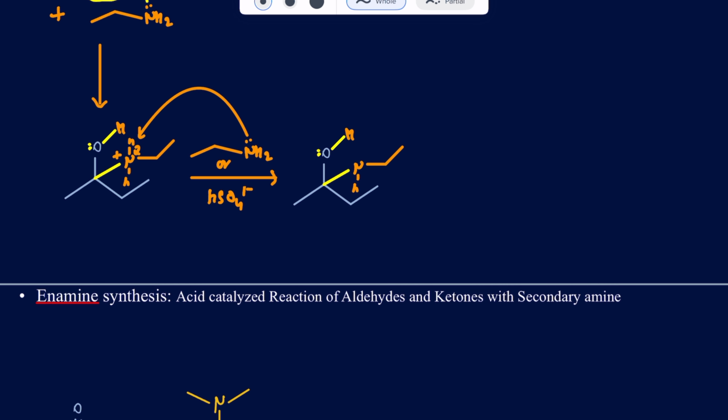And remember, I want to actually lose the water here, because this is what we're going to be doing. So to lose the water, I can run another proton transfer reaction, and I can certainly use the protonated amine here. And if you don't use the protonated amine here, I could use sulfuric acid. Suppose you use HSO4 1 minus here to grab this proton, then mechanistically I would have H2SO4 made here.